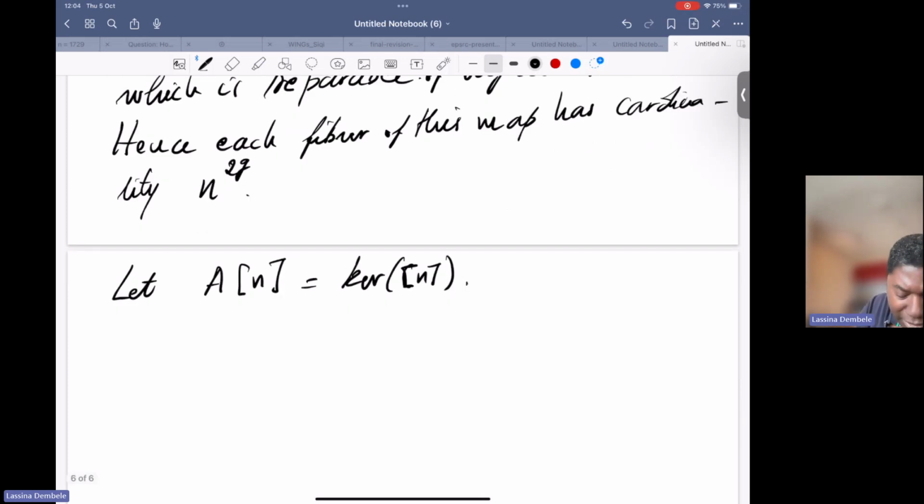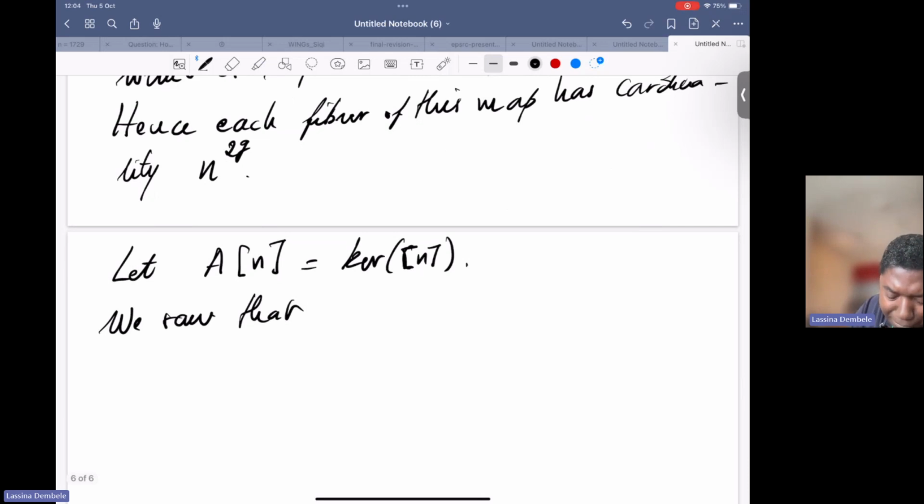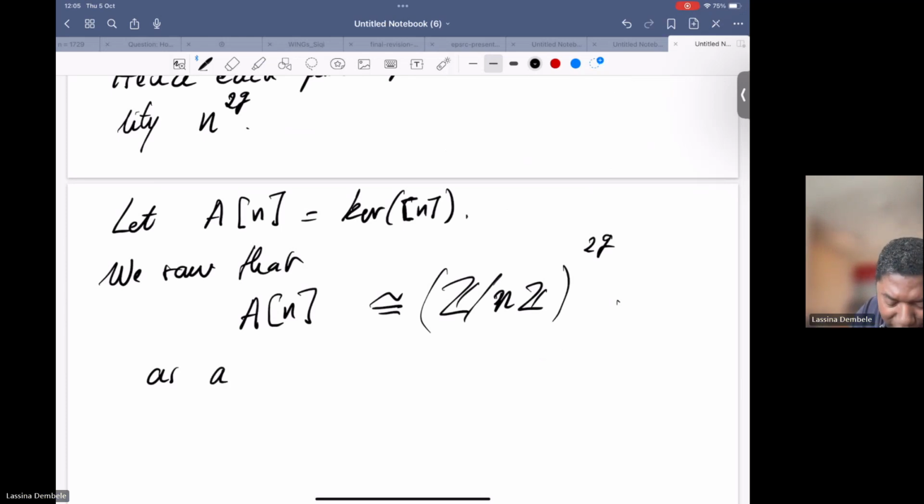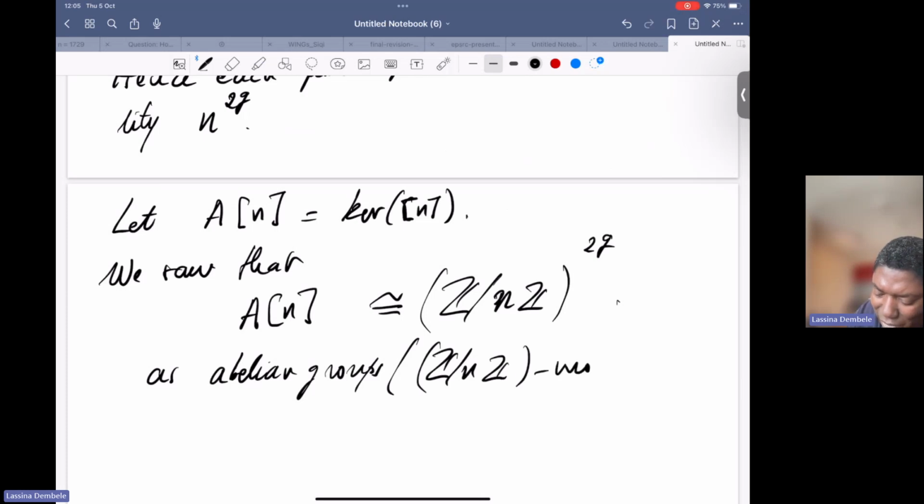And one of our corollaries that we saw last time: not only does A[n] have cardinality n to the 2g, but we also saw that A[n], as an abelian group, is isomorphic to (Z/nZ) to the 2g, and this isomorphism would be as abelian groups, or you could even say as Z/nZ modules.